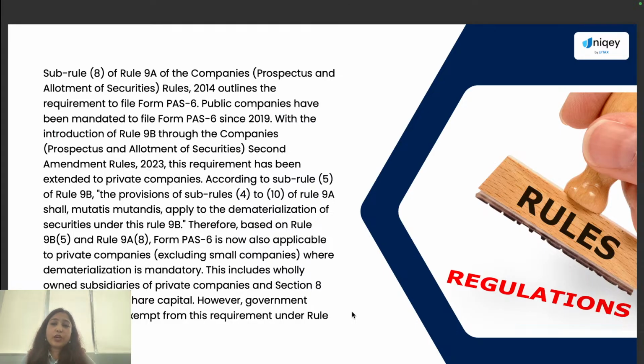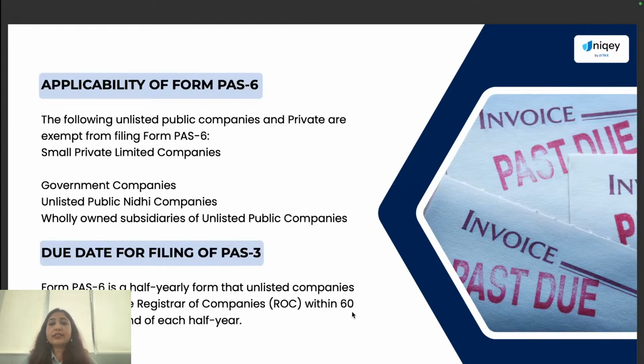After the introduction of Rule 9A and Rule 9B, both public and private companies are required to dematerialize their shares and to file the form PAS-6. PAS-6 is required to be filed by all companies except small private limited companies, government companies, unlisted public companies and wholly owned subsidiaries of unlisted public companies.